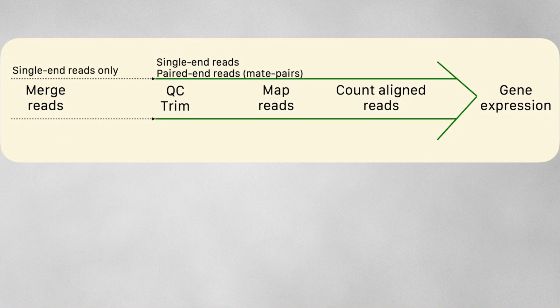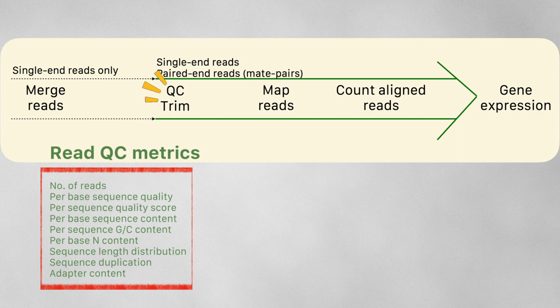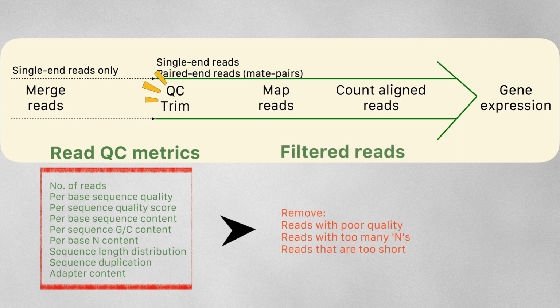Here we see a typical workflow arising from an RNA sequencing experiment. And as you can see, there's a lot of work that has to be done prior to gene expression analysis. First is that we have to check for quality metrics and to trim for poor base calls.